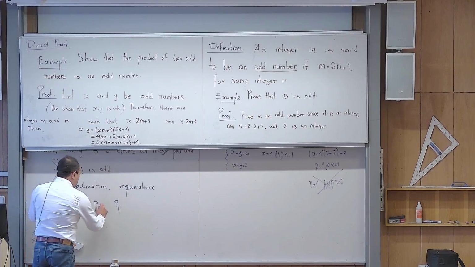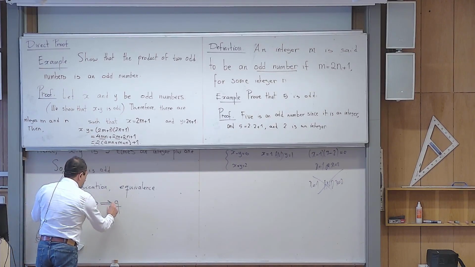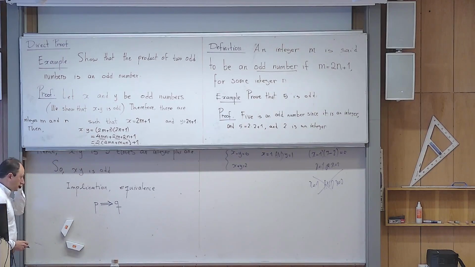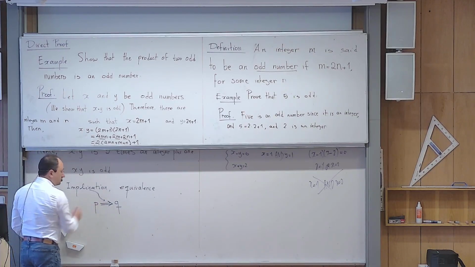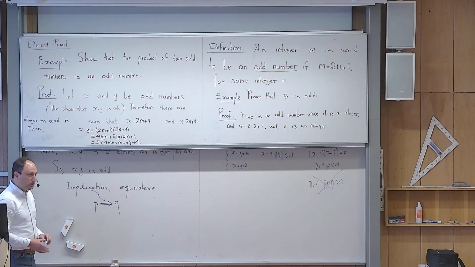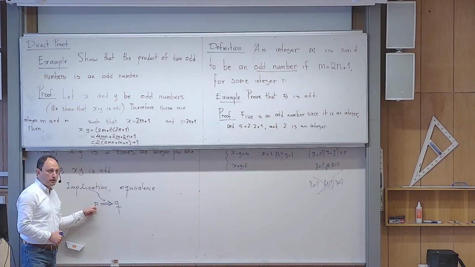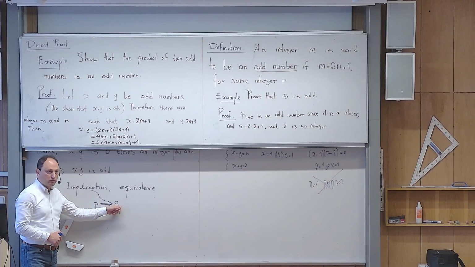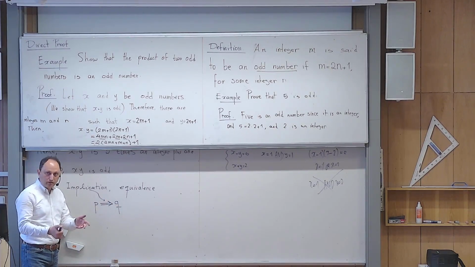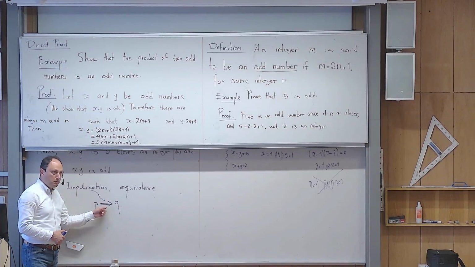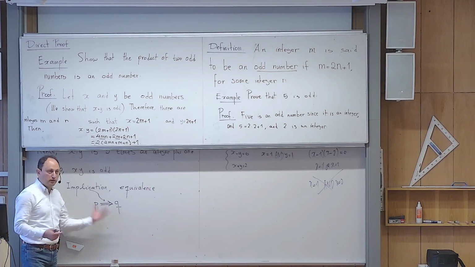Sometimes we use this symbol between two statements. That is called implication. So what does it mean? It means that if the first one is true, it guarantees that the second one is also true. If this happens, we say that P implies Q, and the whole thing is called an implication.